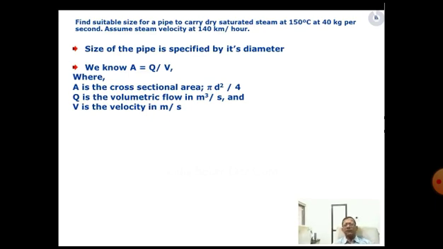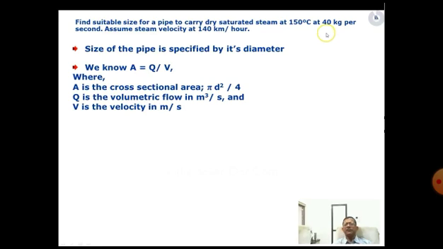Now, from the diameter we can calculate the area, and the area can be calculated if I know the volumetric flow and the velocity. So area is pi d squared by 4, and A is equal to Q by V, where Q is the volumetric flow in meter cube per second and V is the velocity in meter per second.